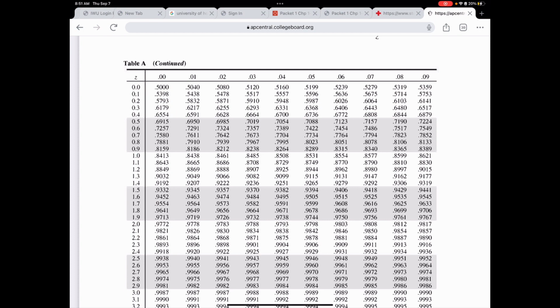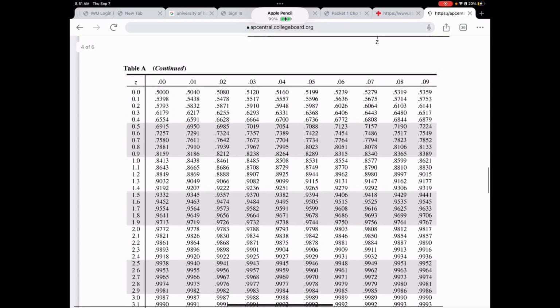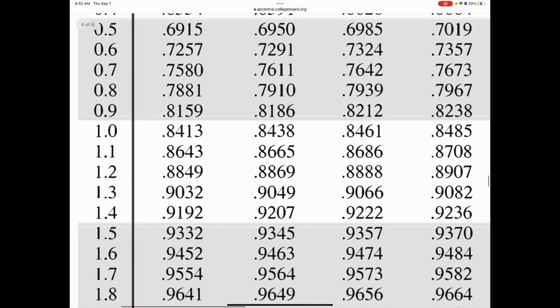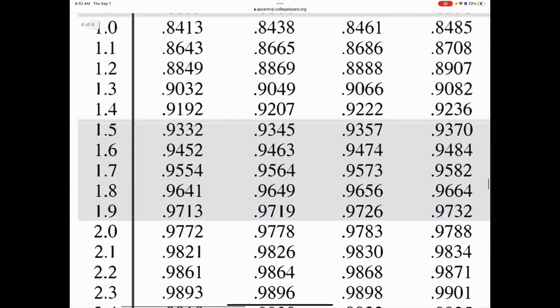So I'm going to show you the different aspects of the z-scores. What is the z-score of, let's look at 1, for instance? 1 is 0.84. And now let's look at what it's going to be for negative 1.